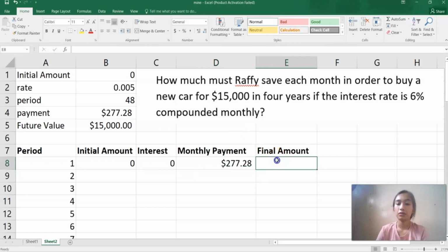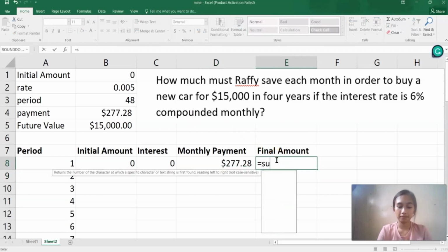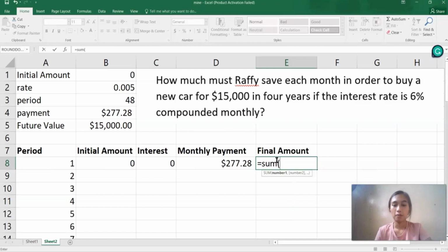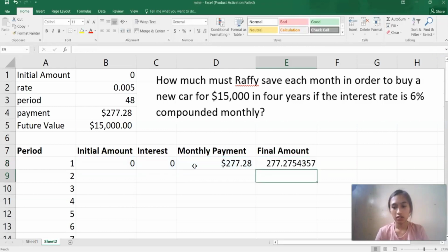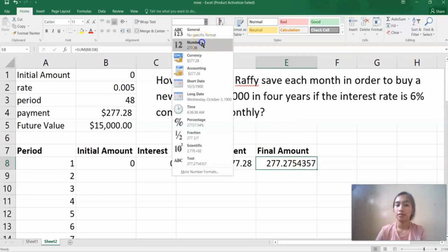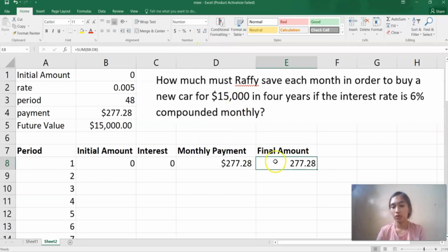And then the final amount, to get the final amount, you have to put equals and then type sum, and then open parentheses and just highlight this one and then drag it up until the monthly payment and then enter. And you got 277.27, or you can change it to a number, so we have 277.28.